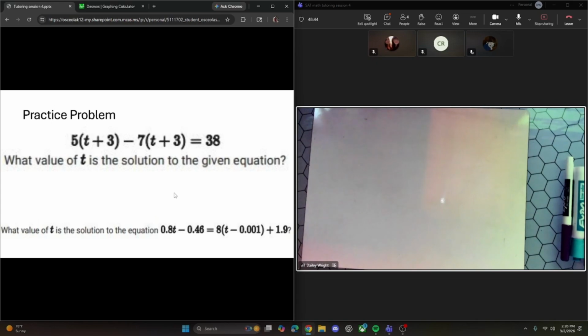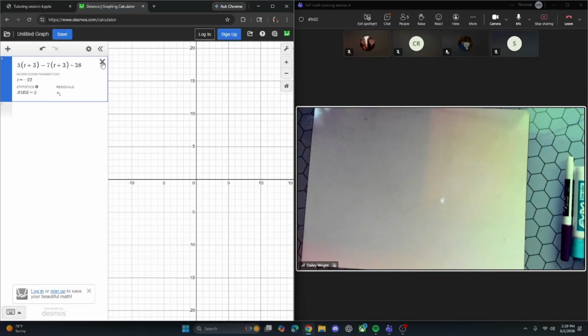I've seen probably 3 of these types of questions overall for hard math module 2. What value of t is the solution to the equation 0.8t minus 0.46 equals 8 times t minus 0.001 plus 1.9? Well, you do the same thing here.